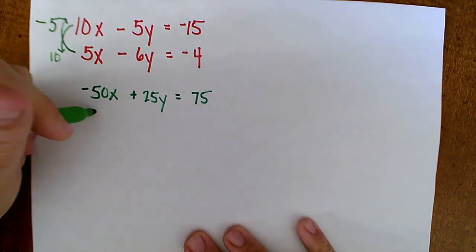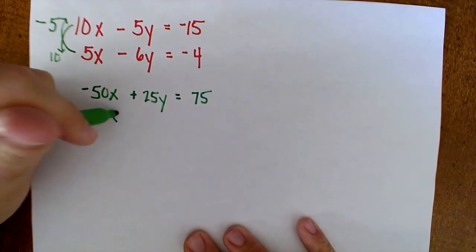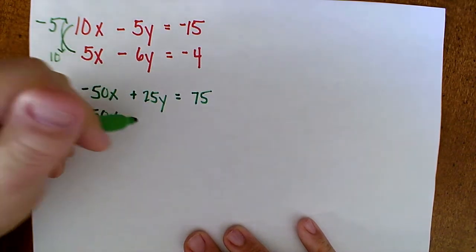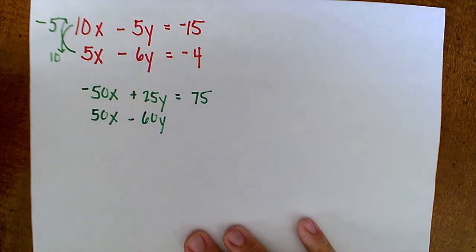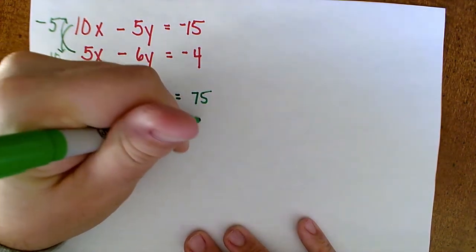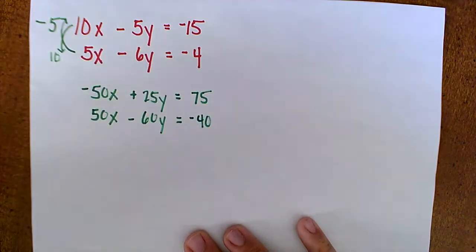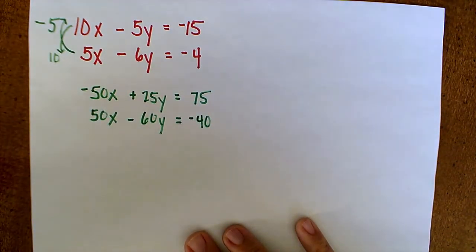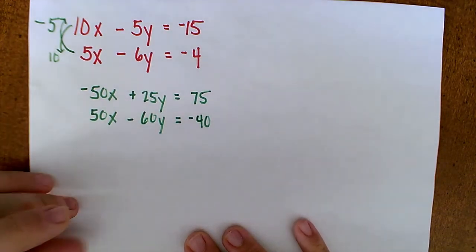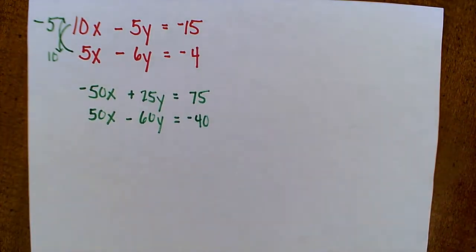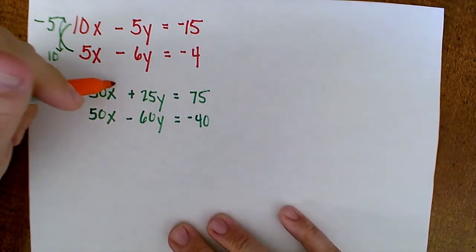Then we have 50x minus 60y equals negative 40. Okay? And I just multiplied that out. I distributed to everything. Now what that does is it allows us to cancel out the negative 50x and the positive 50x. That's gone.